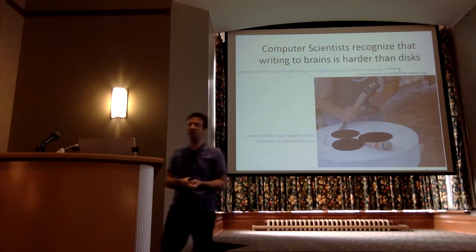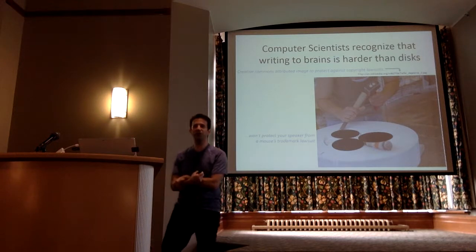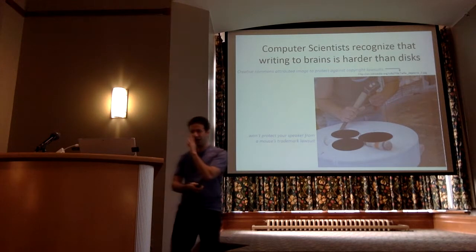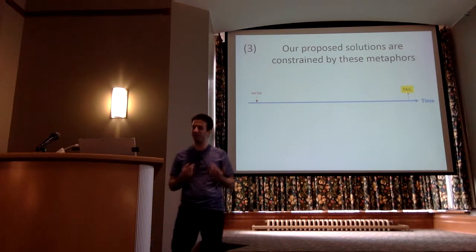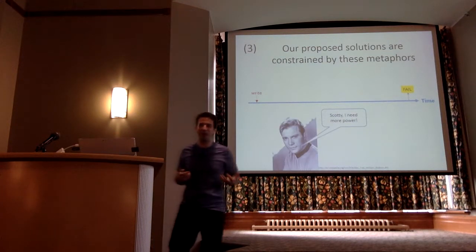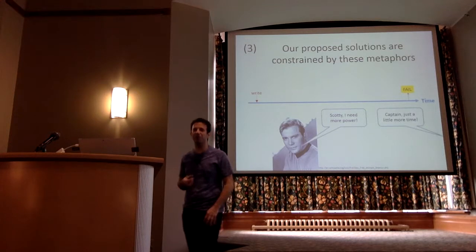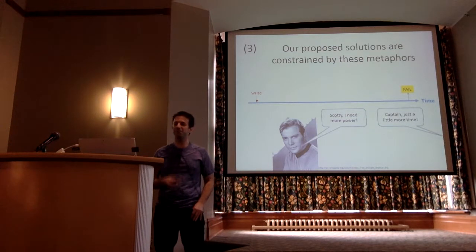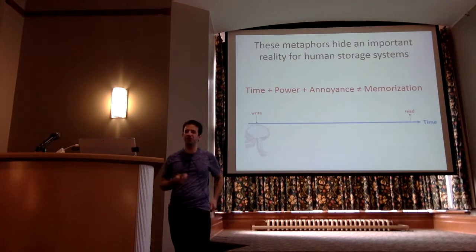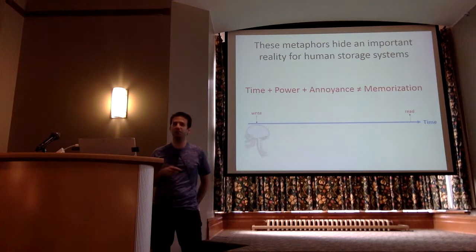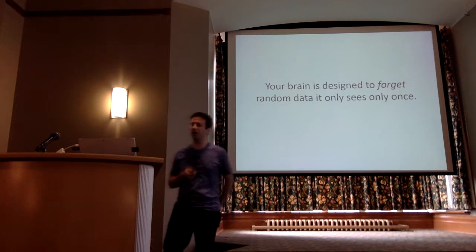But if you just worked hard enough, surely you could do this. And when we try to write, we try to read, and the metaphor still fails, we say, we still need more power, or more time, or it doesn't work. So instead, we need to realize that time, power, and range don't equal memorization, and we need a better metaphor.